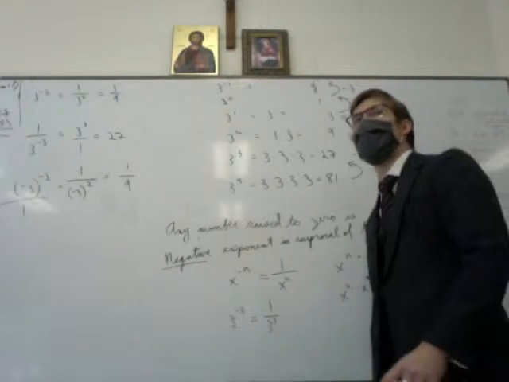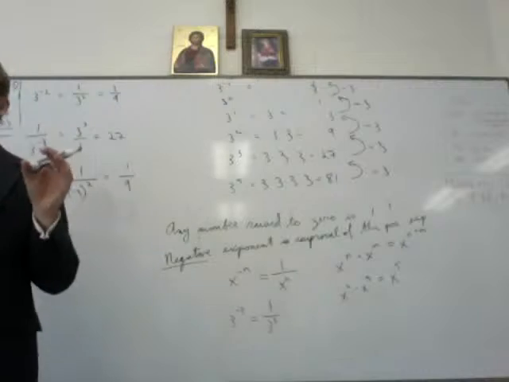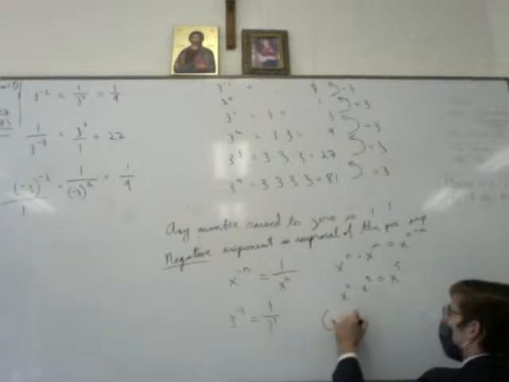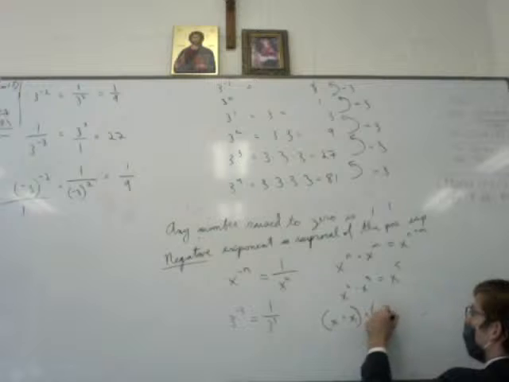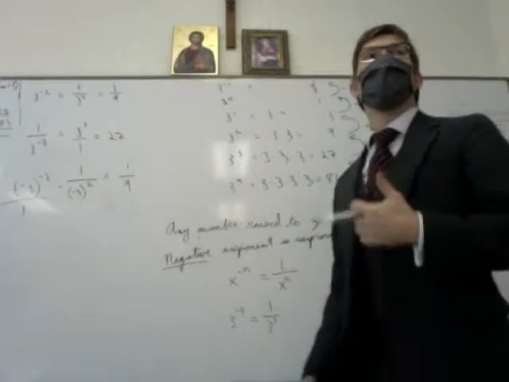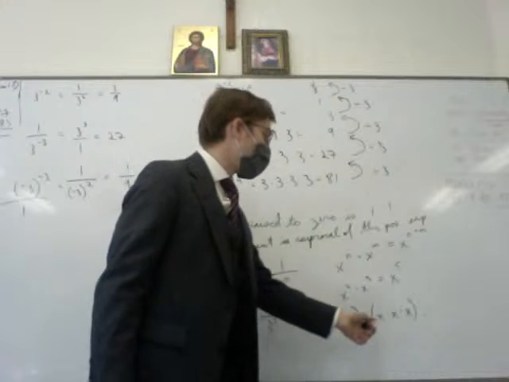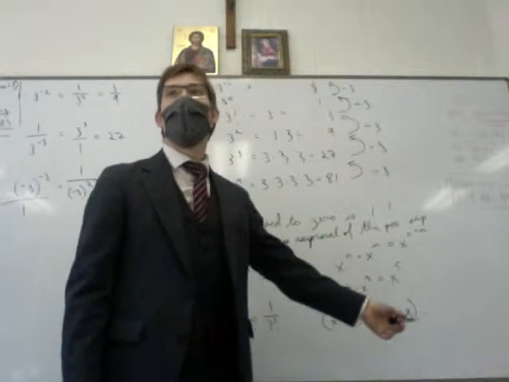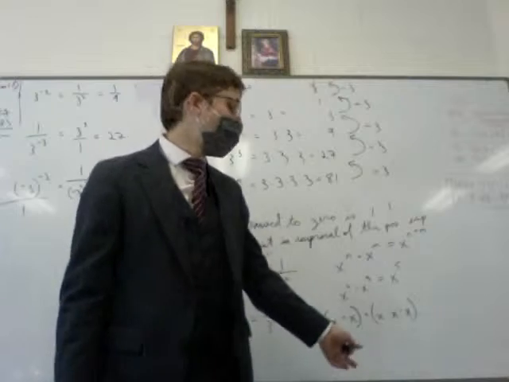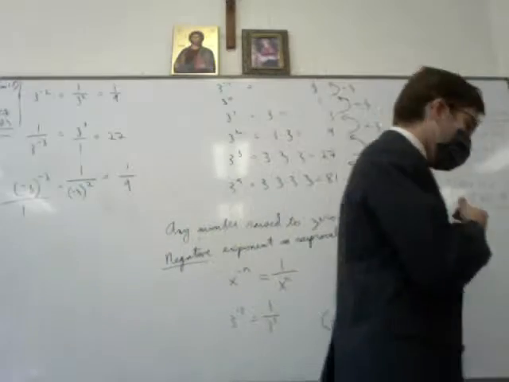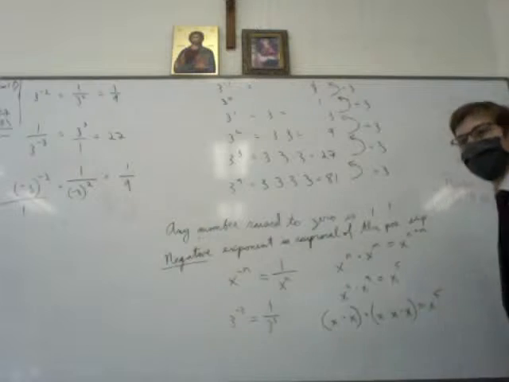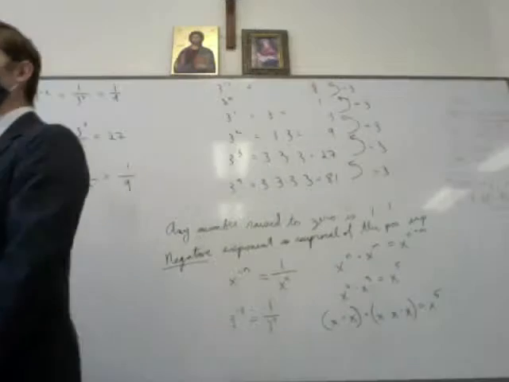Because x squared means x times x, 2 x's multiplied together. And x cubed means x times x times x, 3 x's multiplied together. Now I've written those parentheses there to see that we've got x squared times x to the third. But remember, if it's all multiplication, the order doesn't matter. This is the same as just 5 x's multiplied together, which you write as x to the fifth. Just an easier way of writing that.